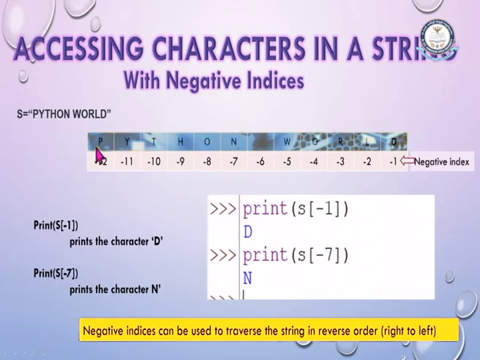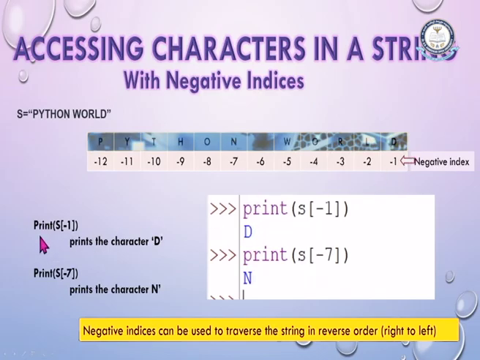So, with the negative index, how do we access the characters? See, I am using the same example in this case also. We have the string Python World, and now we are going to use the negative index. As I told you, the negative index starts from -1, so from the right side.